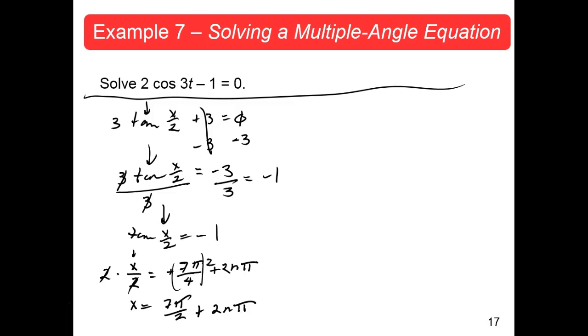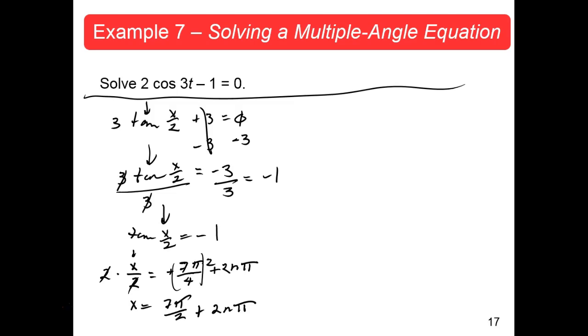Now, they didn't quite do it that way, and it's fine. They went straight to the second quadrant rather than the fourth quadrant. And in the second quadrant, it would have been 3 fourths pi. That's still covered here, because when you add or subtract 4 fourths pi, you get 3 fourths pi. It's absolutely covered.